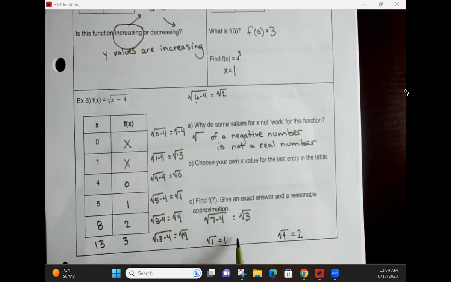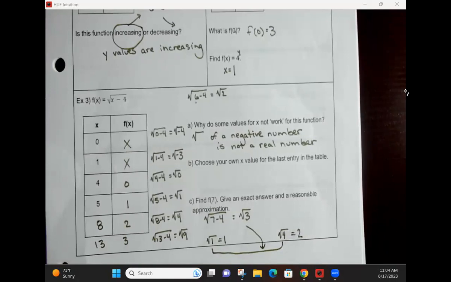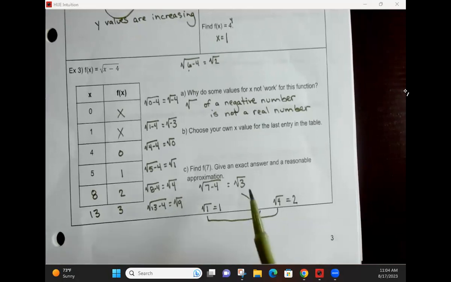I know that the square root of 3 is between these guys, right? The square root of 3 lands in here somewhere, between square root of 1 and square root of 4. What that tells me then is that whatever the square root of 3 is equal to should be somewhere between 1 and 2. Does that make sense?